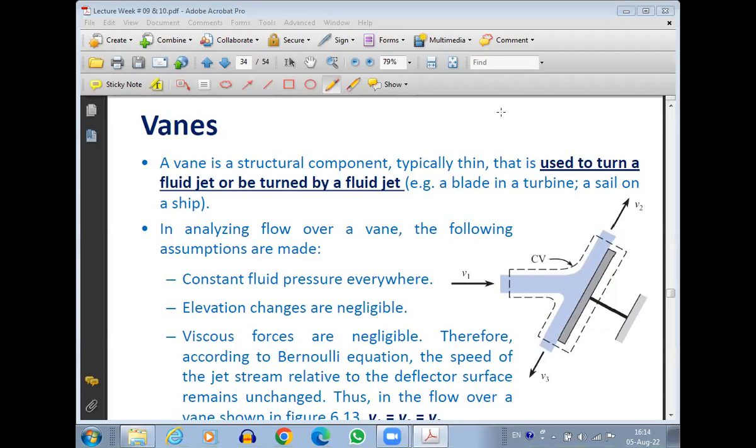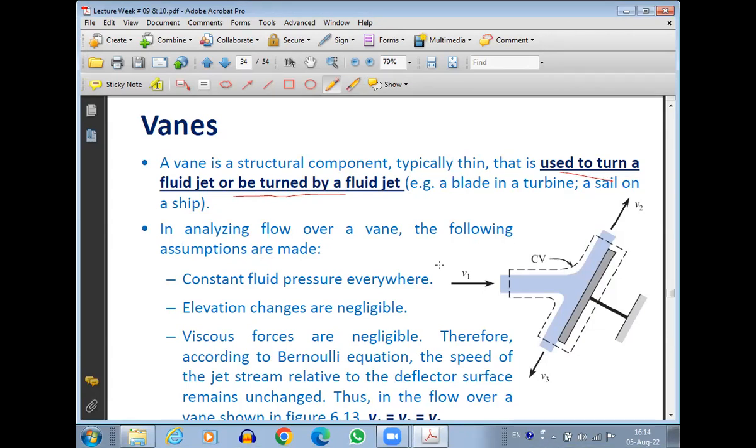Okay, so now let's start with the next topic, which is about vanes. A vane is a structural component, typically thin, that is used to turn a fluid jet or be turned by a fluid jet. Vanes are something that we encounter a lot throughout our day-to-day life.